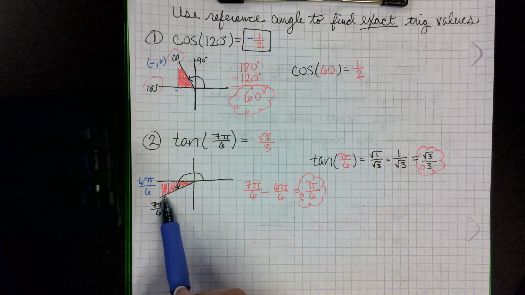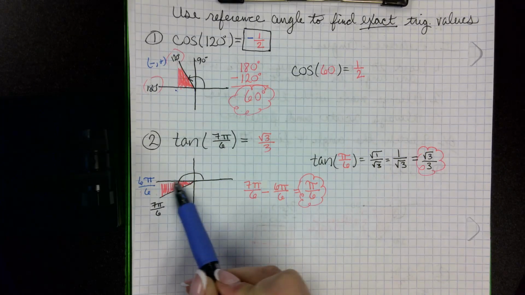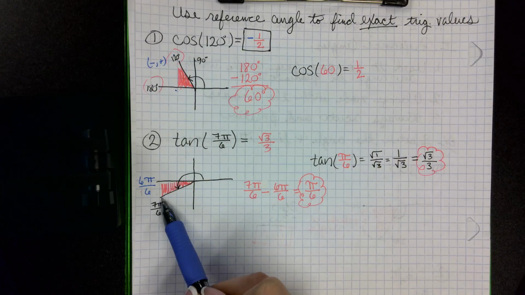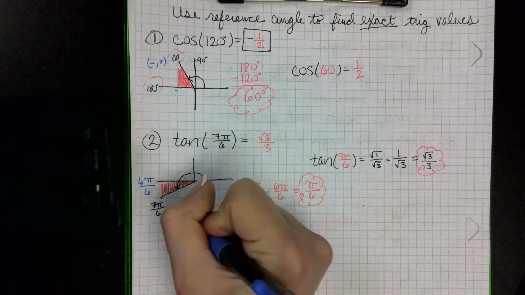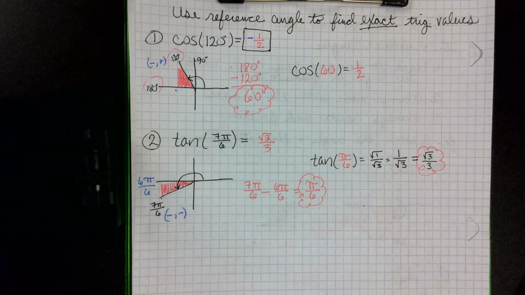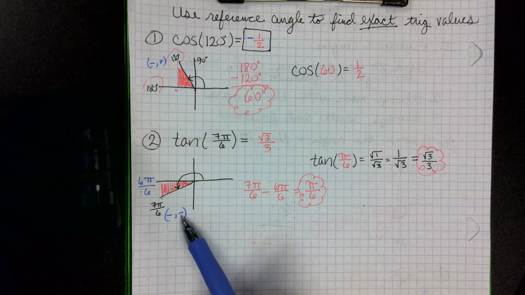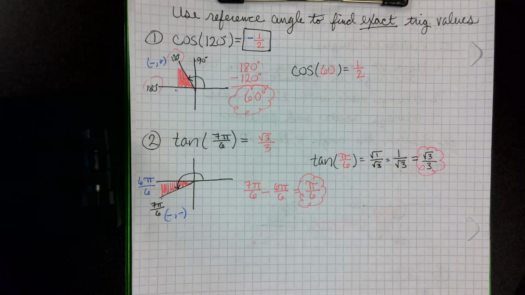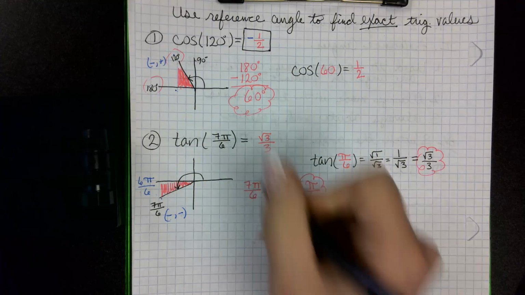If we're in quadrant 3, that means we went negative on the x-axis and negative on the y-axis. So this was negative, negative. And tangent is y over x, it's sine over cosine. So negative over negative makes it positive. So it's just square root of 3 over 3.